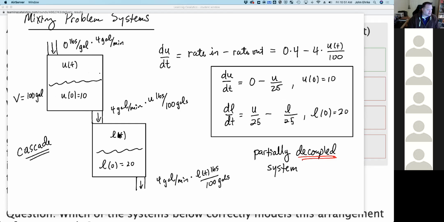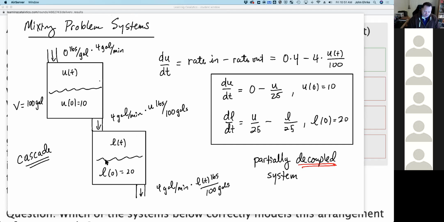But conversely, the lower tank depends on the upper tank. So this is what we mean by partially decoupled. A cascade arrangement, of a circuit or of tanks, corresponds mathematically to what's called a partially decoupled system.